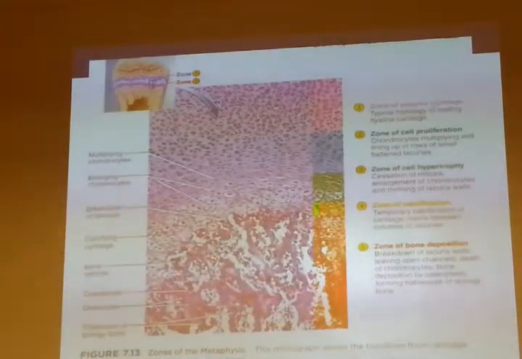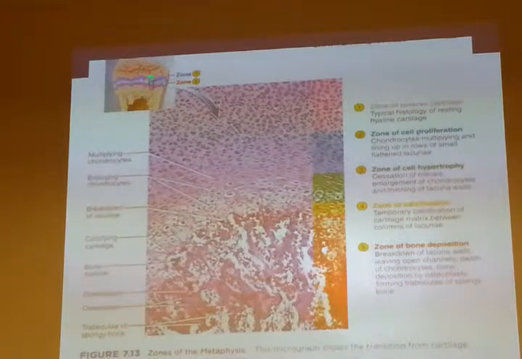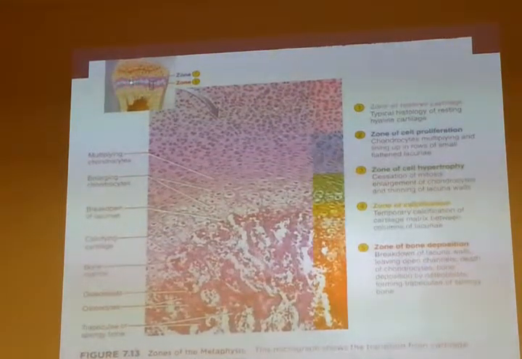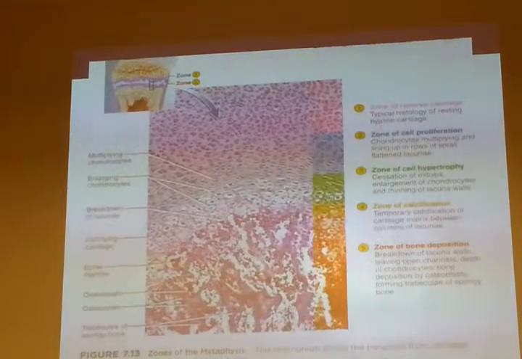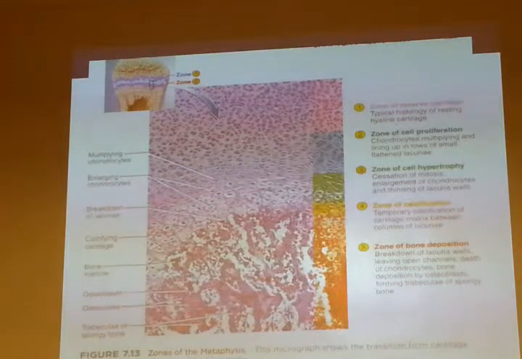What is happening, you look up here, we've got a small light blue area surrounded by dark purple areas. The light blue area is where the cartilage cells are undergoing mitosis. So they will be close together.